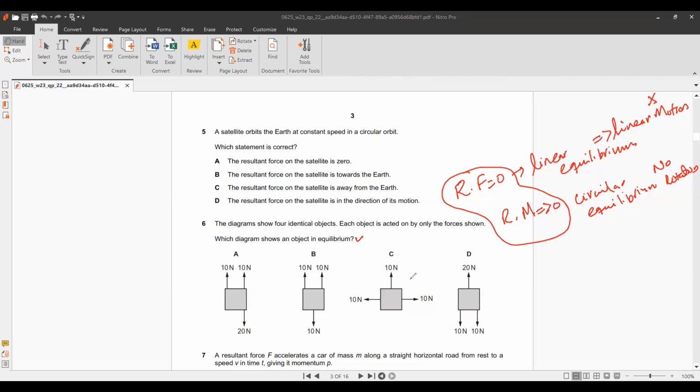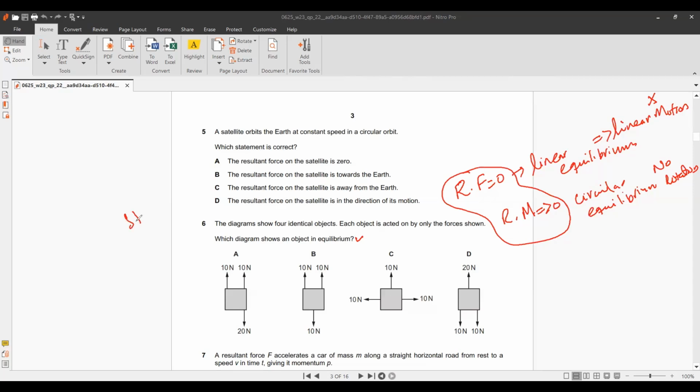Because if the resultant force is zero and the resultant moment is not zero, then there is a possibility that the object might have a circular motion. If the resultant moment is zero, but the resultant force is not zero, then there is a possibility the object might have a linear motion.